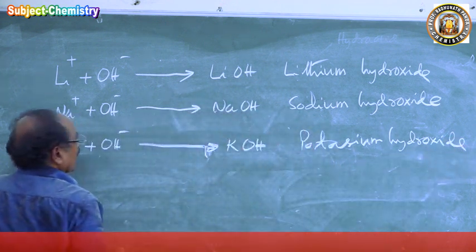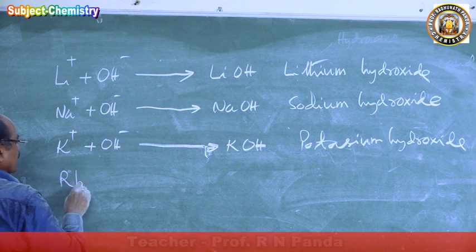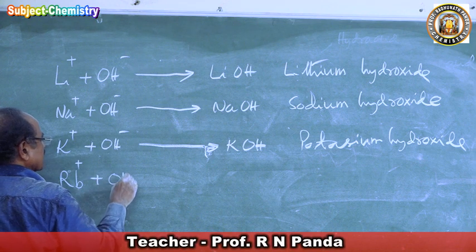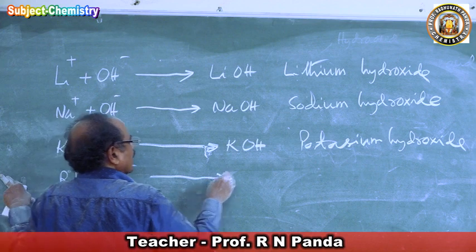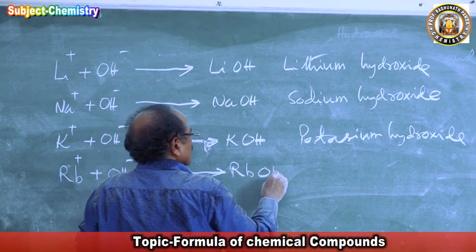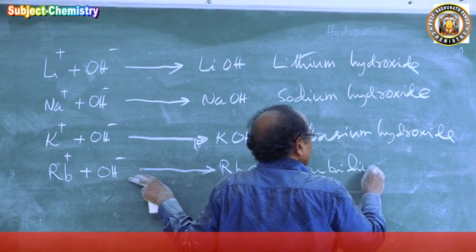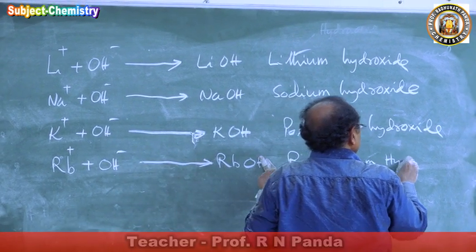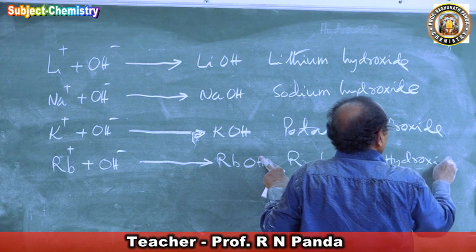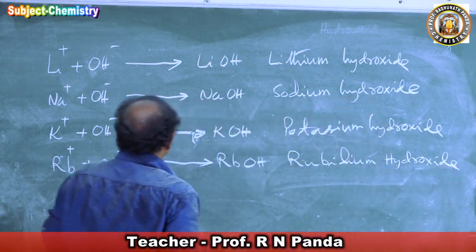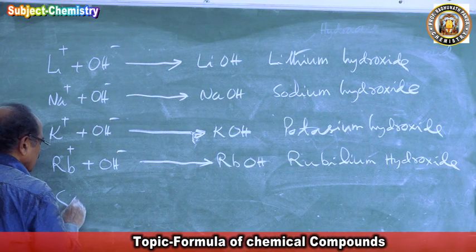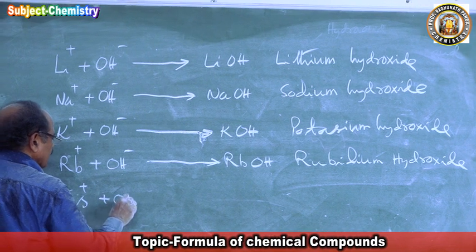Then comes Rb, rubidium. Rb plus and OH minus forms RbOH, rubidium hydroxide. This is also strongly basic and is an alkali. And I told you cesium is the most electropositive element of the periodic table.